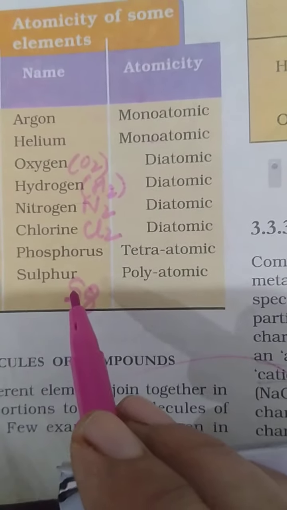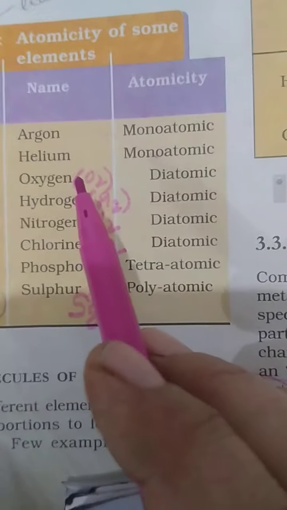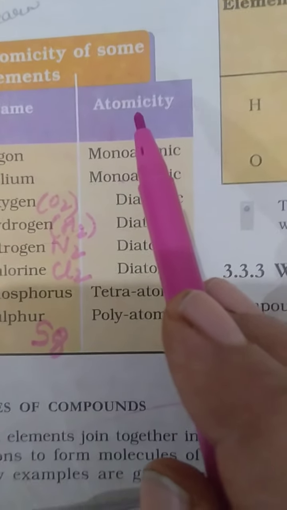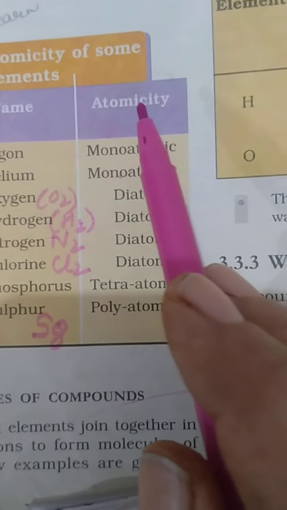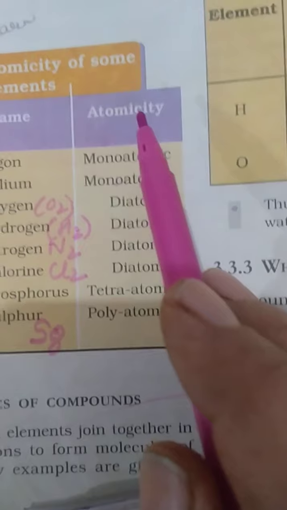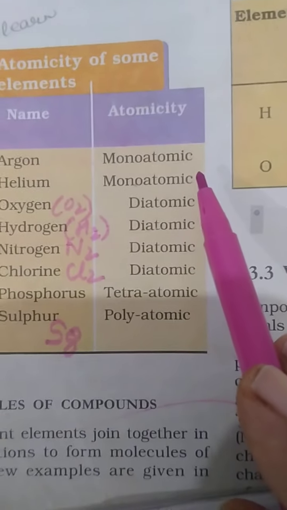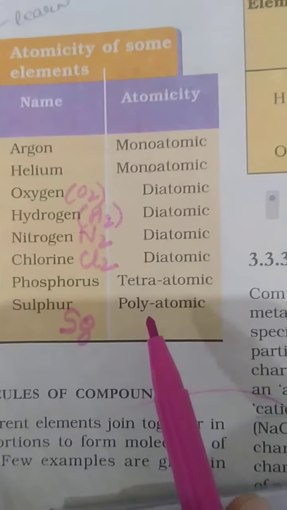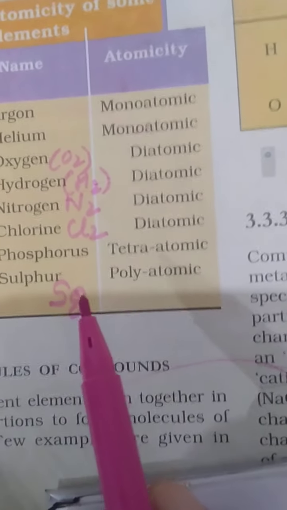The atomicity of sulfur is 8. Students, please do learn how many atoms are present in their molecule, which is their atomicity, because you will be using it later in this chapter while solving numericals. So do learn this. Monoatomic 1, only a few elements. Diatomic 2, tetra 4, poly more than 4. The most common example is sulfur, written as S8.